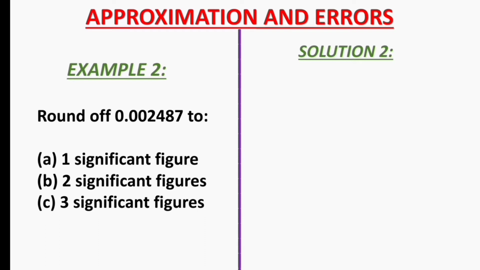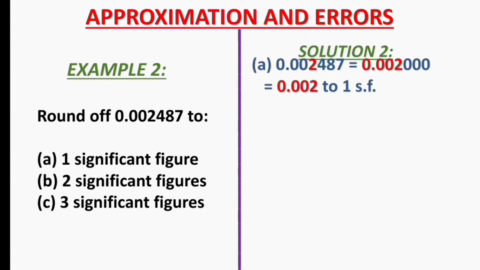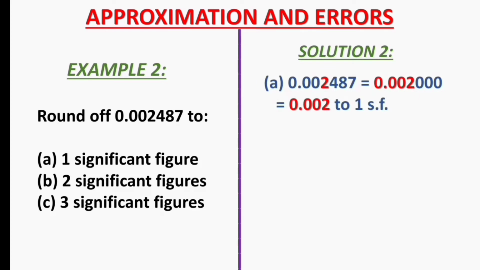Of course, we count significant figures from the first non-zero digits. That makes the answer to question 2A to be 0.002 to one significant figure, because the first significant figure is 2. That's the first digit after the zeros at the left. We have to round down to get this answer.